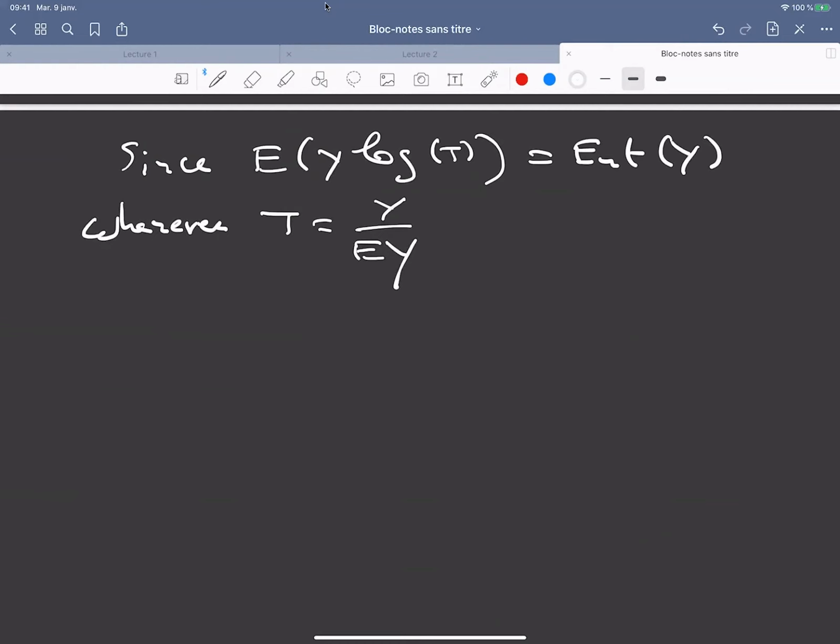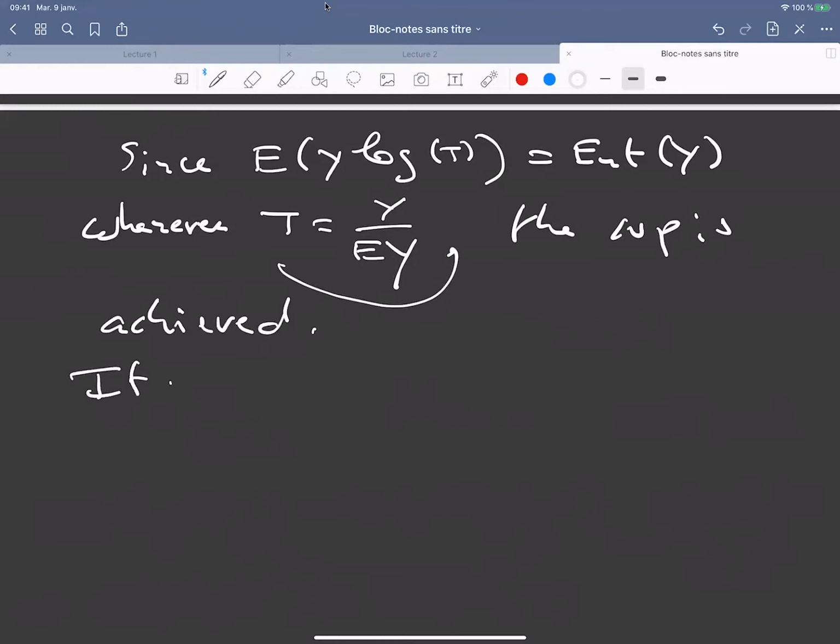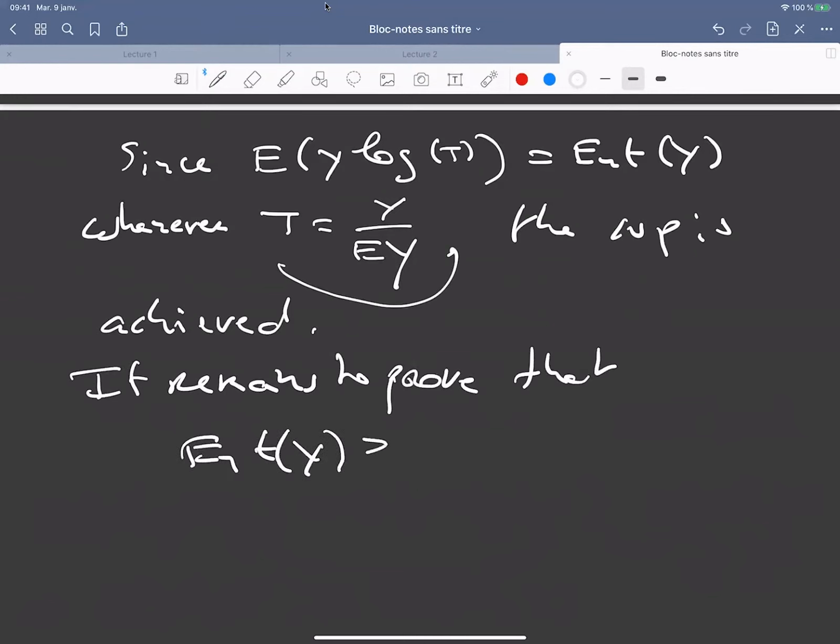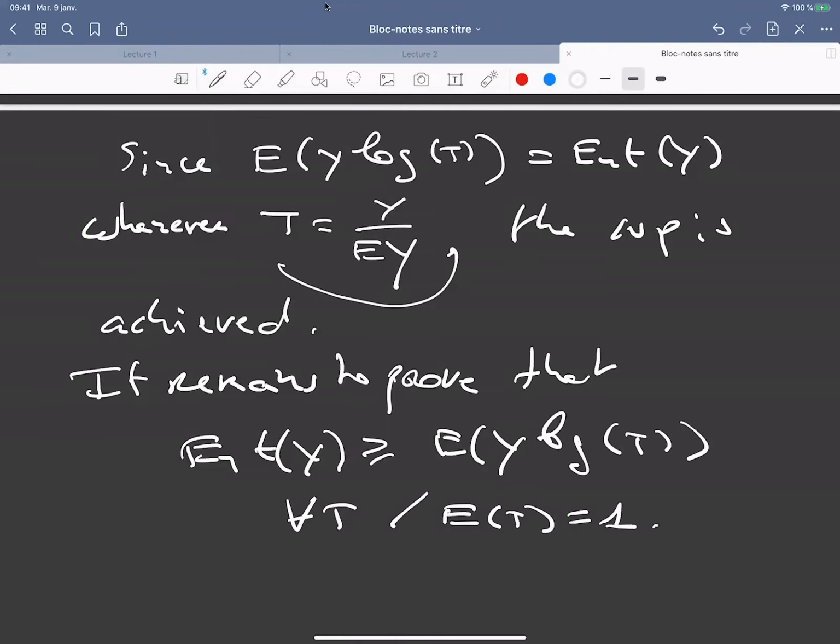So this means that the thing that you have to prove is that entropy is larger than this quantity, and afterwards the sup is achieved because it is achieved for t being equal to this guy. So it remains to prove that entropy of y is larger than expectation of y log t for all t such that the expectation of t is equal to 1. This is what we have to prove.